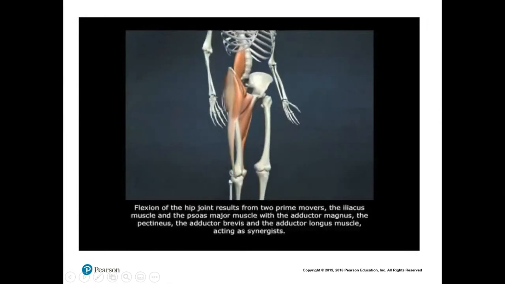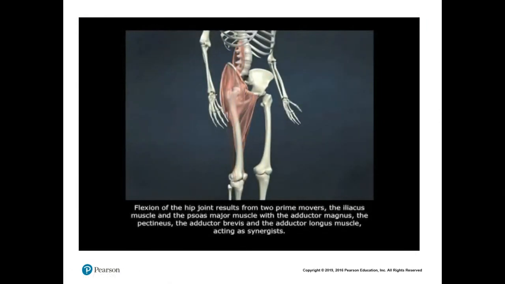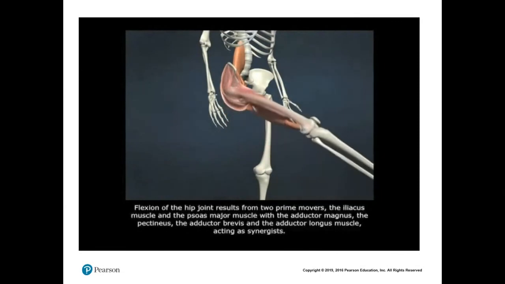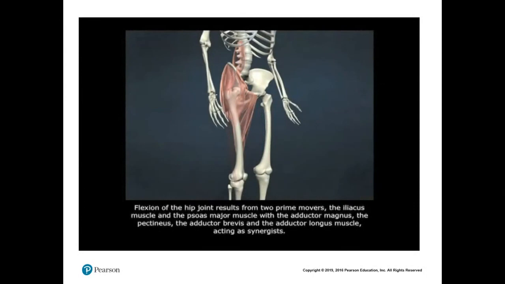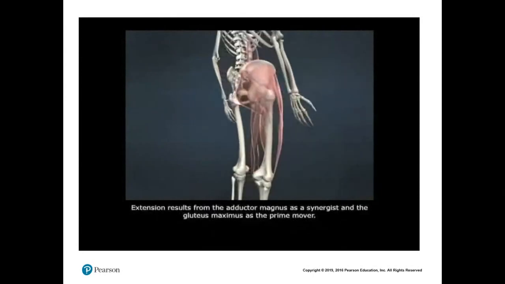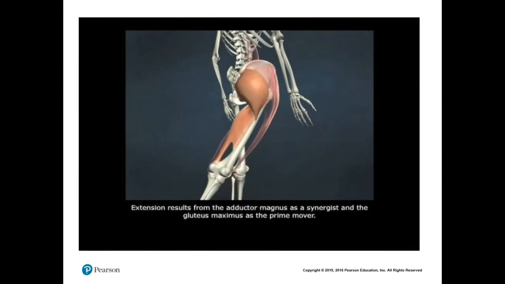Flexion of the hip joint results from two prime movers, the iliacus muscle and the psoas major muscle, with the adductor magnus, the pectineus, the adductor brevis, and the adductor longus muscle acting as synergists. Extension results from the adductor magnus as a synergist, and the gluteus maximus as the prime mover.